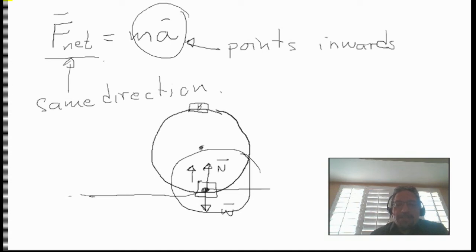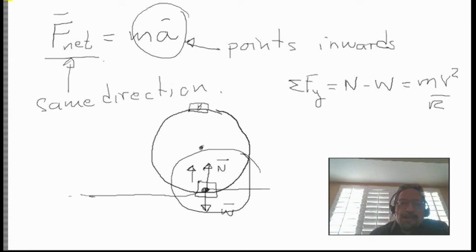So for example, in this case, we work it out, setting up a system of coordinates that points vertically, the sum of forces in the y direction is going to be equal to the normal minus the weight, and is going to be equal to m times the magnitude of the acceleration, v squared over r. This will be true because the acceleration points upwards, so its y component is upwards.